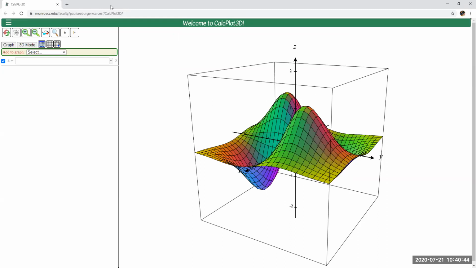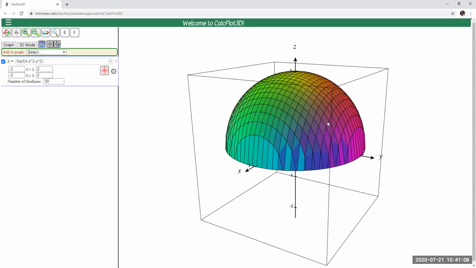Okay. So here z is equal to the square root of 4 minus x squared over 3 minus y squared over 6, right?